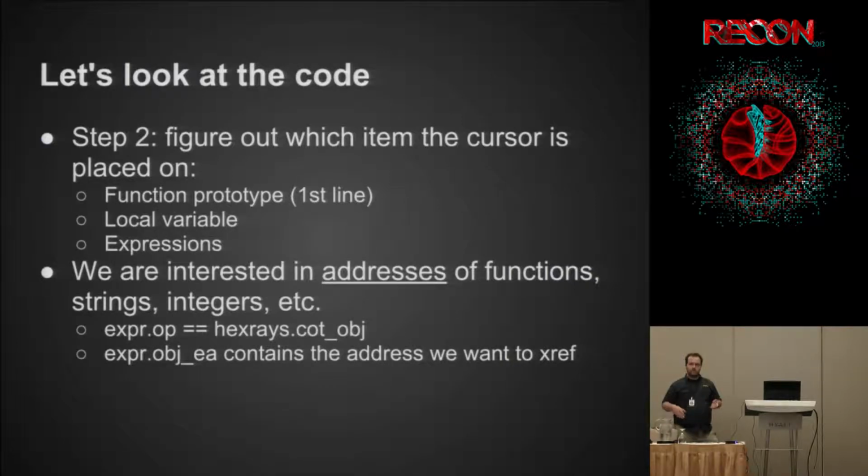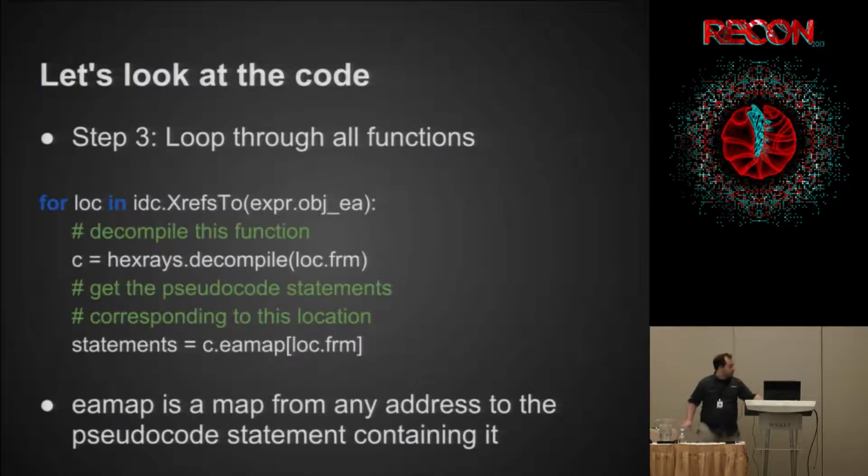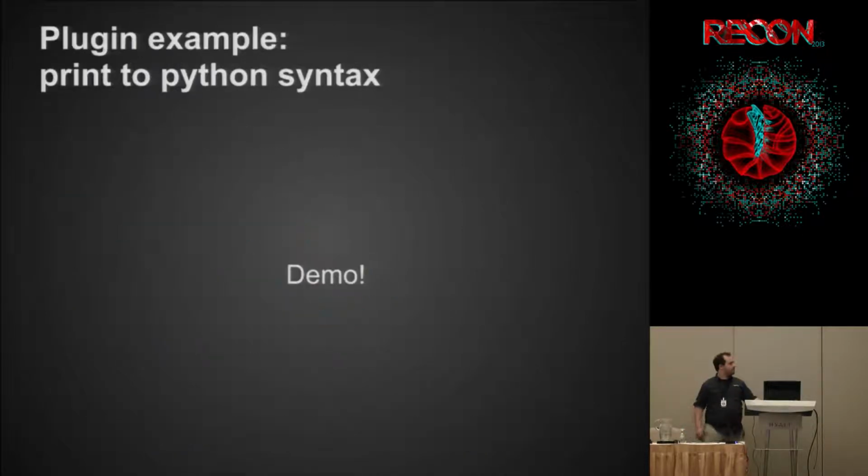So whenever we have that, we get the xrefs for those and decompile the function, and then we get the statements that address end up in. So the EAMap is a translation between the address and the statements that it gets combined in.